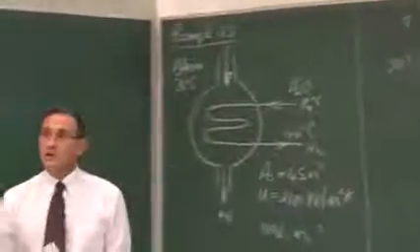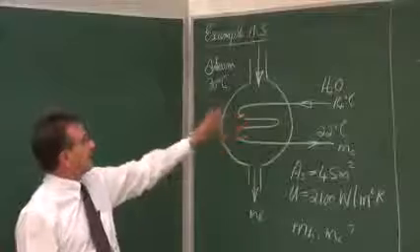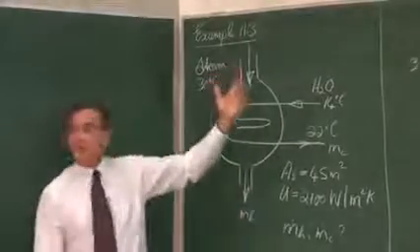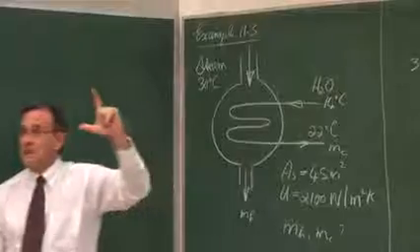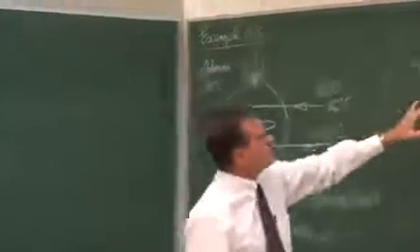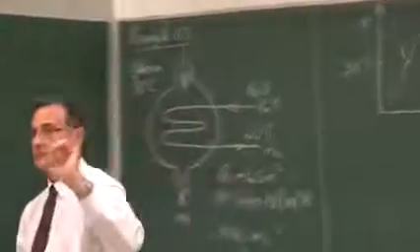So if you've been given a boiler or evaporator, a condenser or anything like that, and one temperature is given, then you've got both temperatures. And that's not all. You also, from the steam tables, can get the change in enthalpy.